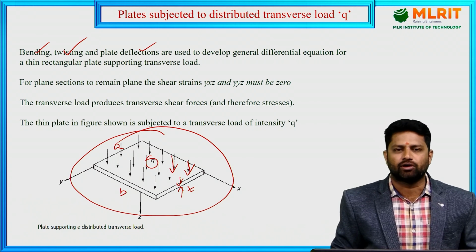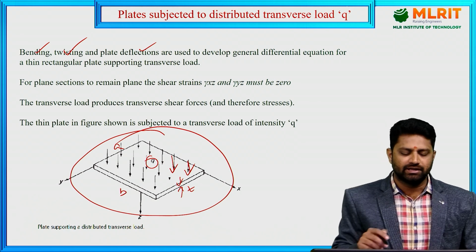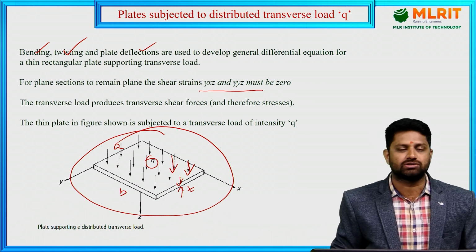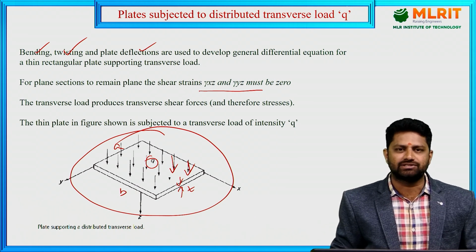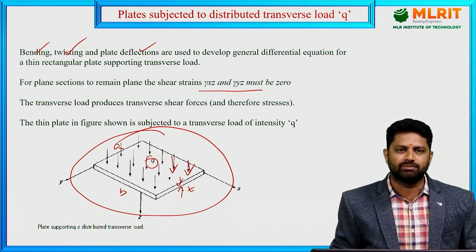We follow some assumptions, such as plane sections remain plane. When plane sections remain plane, the shear strains gamma xy, gamma xz and gamma yz are 0, which means the third dimension we are not considering. Whenever you consider plane sections and the z containing terms, the shear strains can be made 0.